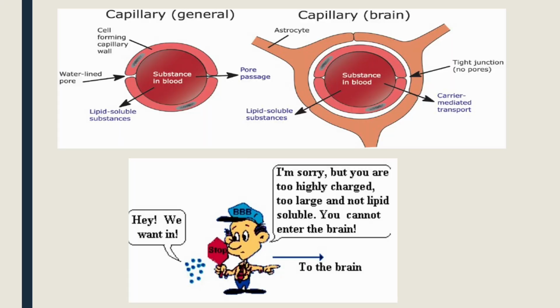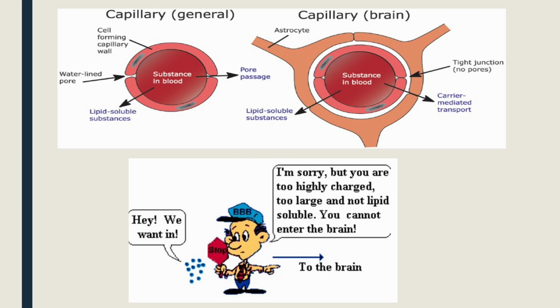So just a couple things to remember. General capillaries are fairly permeable, okay? They are going to allow substances to pass through. Lipid-soluble substances also readily diffuse across capillary walls, making it easier for most drugs and molecules to enter tissues throughout the body. Our brain capillaries and our blood-brain barrier, these are capillaries within our brain that are protected by that barrier, okay? That highly selective barrier is formed by tight junctions between endothelial cells.